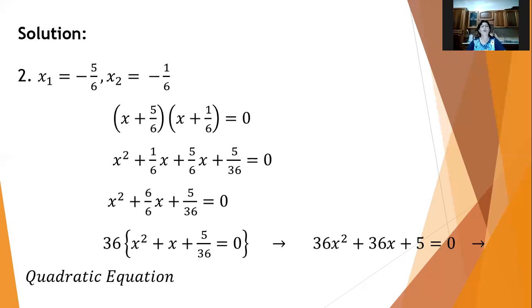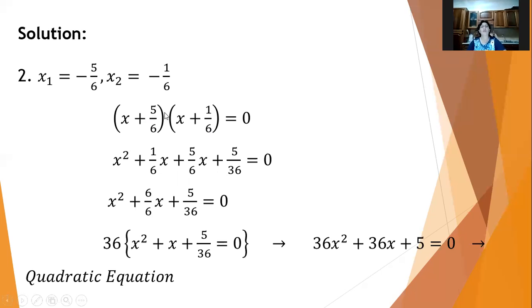Okay, for number 2, x sub 1 is equal to -5/6. x sub 2 is equal to -1/6. Then write the equation (x plus 5/6)(x plus 1/6) is equal to 0.